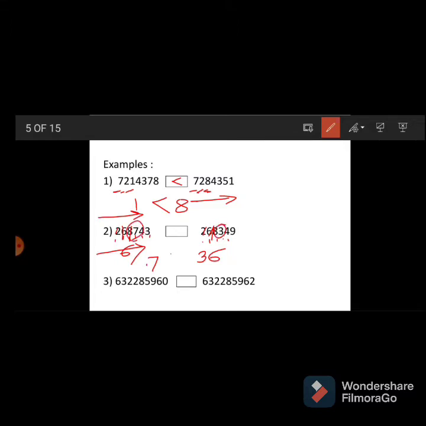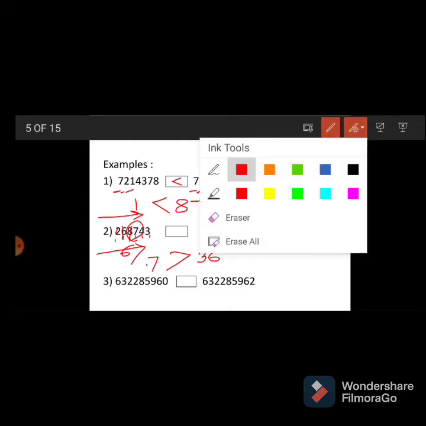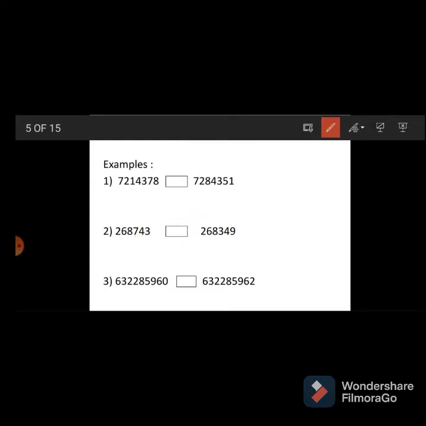Between these digits, 7 is greater than 3. So which number is greater? 2,68,743 is greater than 2,68,349.